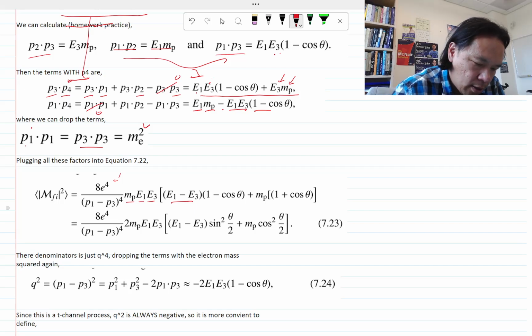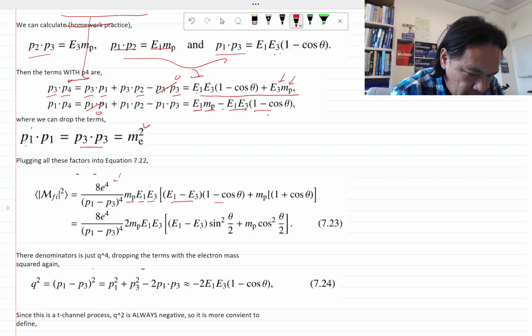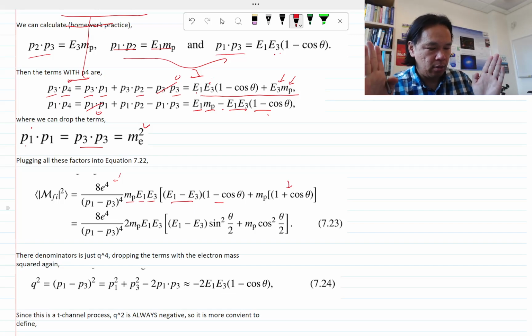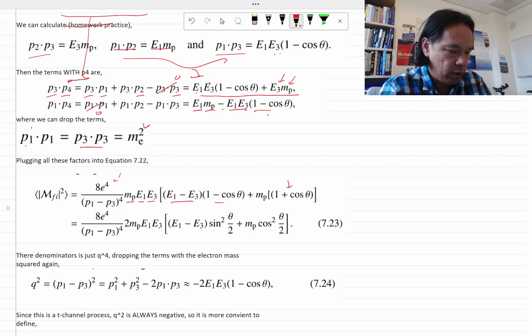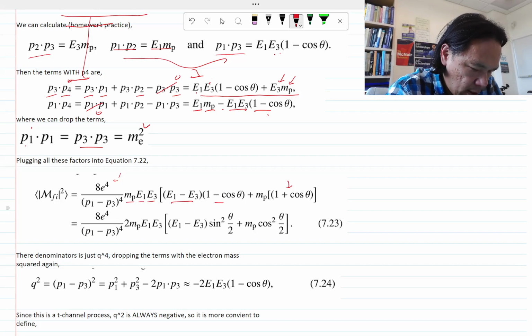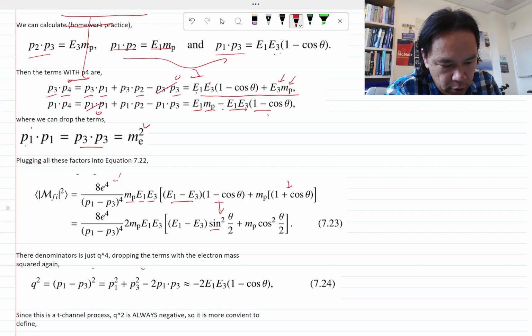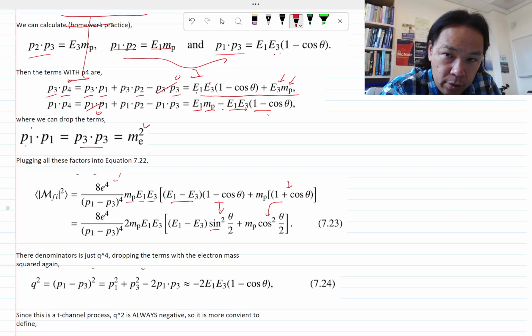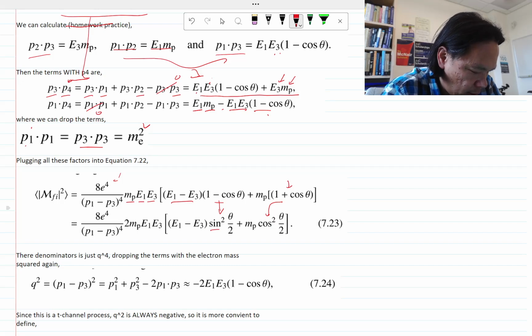That's times 1 minus the cosine, which comes from this, the mass of the proton, and then 1 plus cosine, because when you do that square, you have these cross terms that give you these pluses and minuses. Further simplifying this, we convert these to half angles. 1 minus cosine theta is actually sine squared theta over 2, and 1 plus cosine theta is actually cosine squared theta over 2. Those are just trig identities that you can look up.